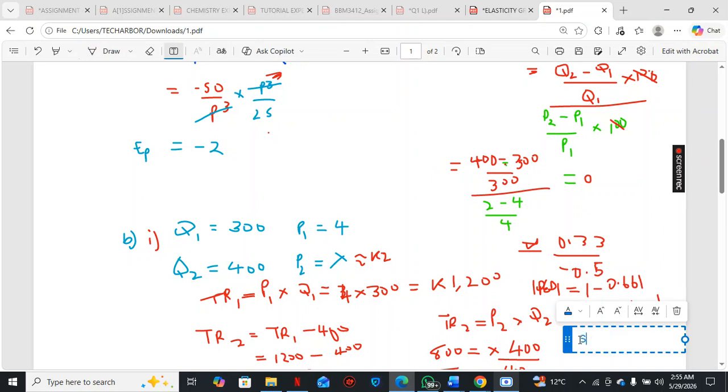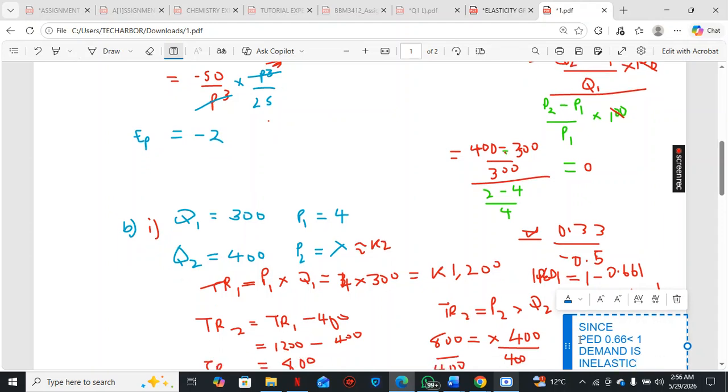Since our price elasticity of demand, 0.66, is less than 1, demand is inelastic, meaning it's not that sensitive to changes in price.